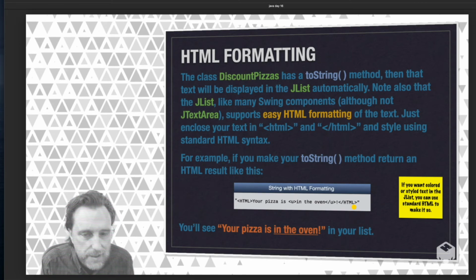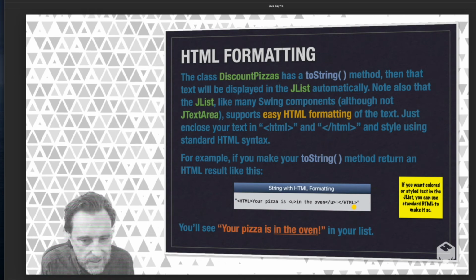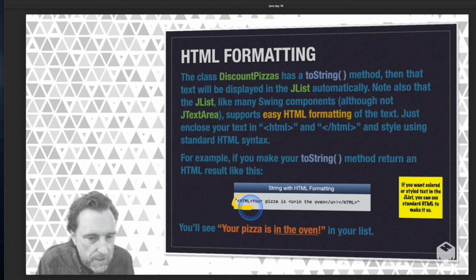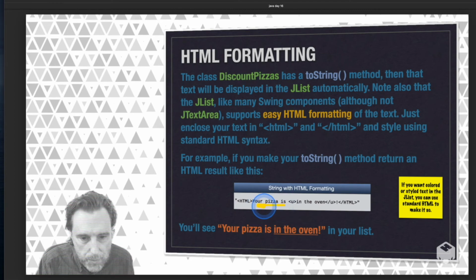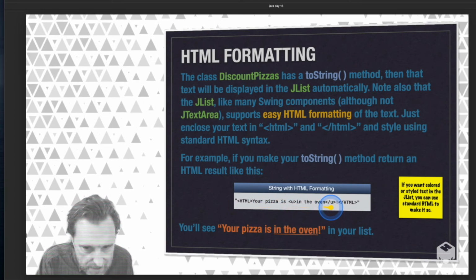And so for instance, to underline "in the oven", if we have the string "your pizza is in the oven" and we want to underline "in the oven", the HTML formatting would be to start out with the HTML tag that says, okay, everything now to the right is HTML. Your pizza is, the tag U starts underlining, the tag /U stops underlining.